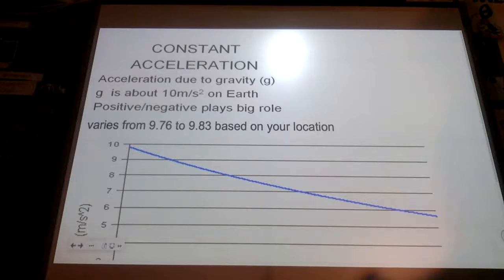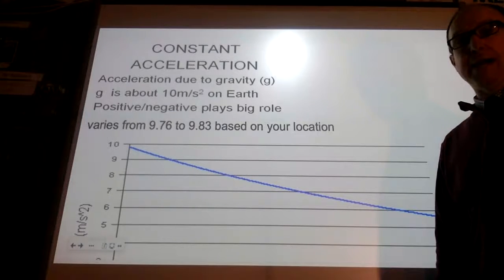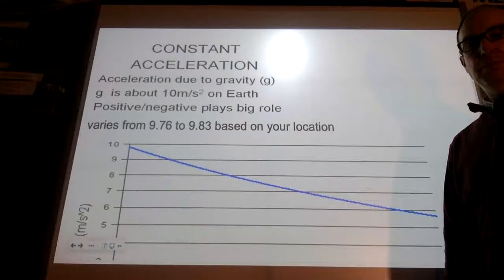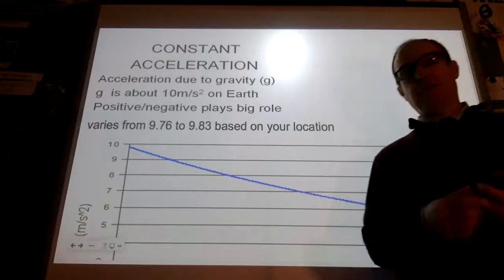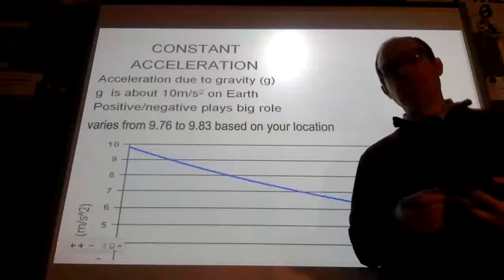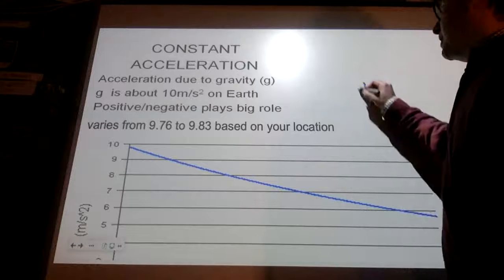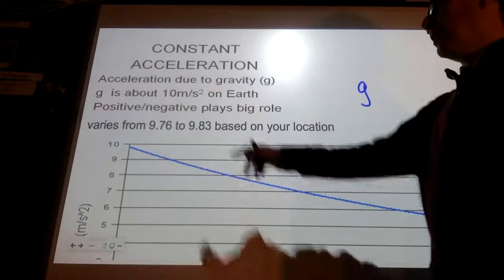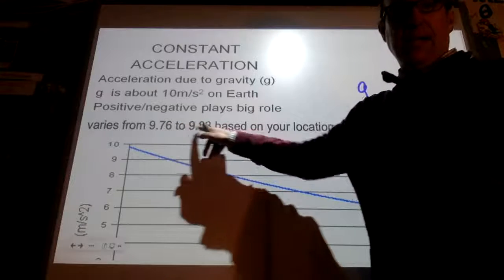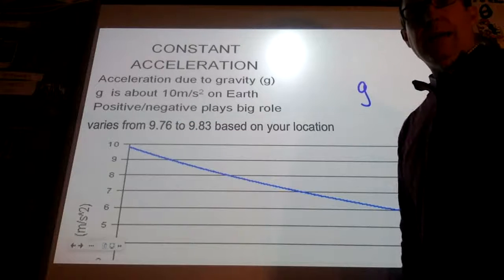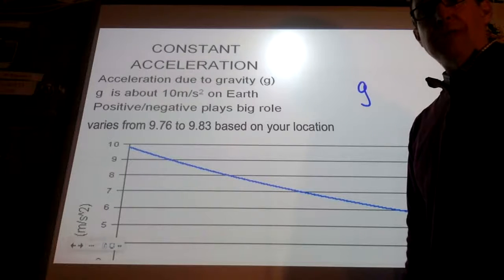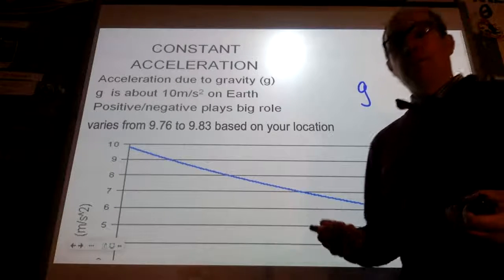So around the surface of the Earth, we have near constant acceleration. So unless they tell you that you're not on Earth, you can assume that your acceleration is going to be g. G hovers around 9.8, but it varies in different places on the Earth. I know in calculus you guys use 32 feet per second squared. You can use 9.8.